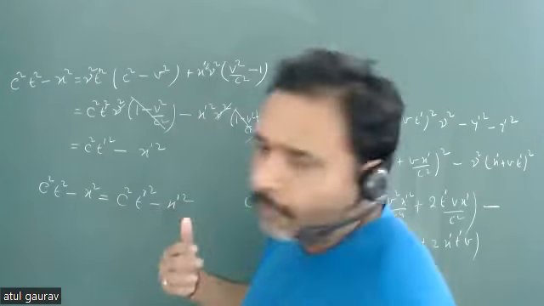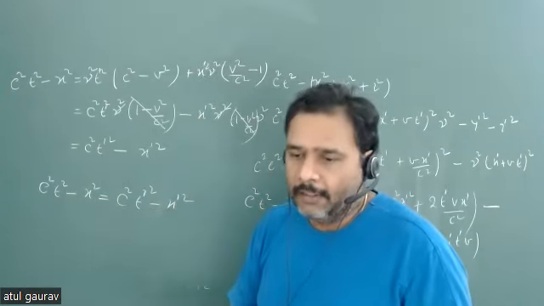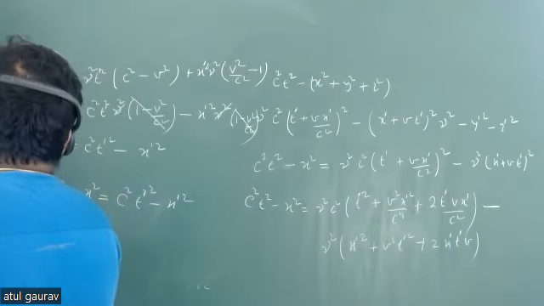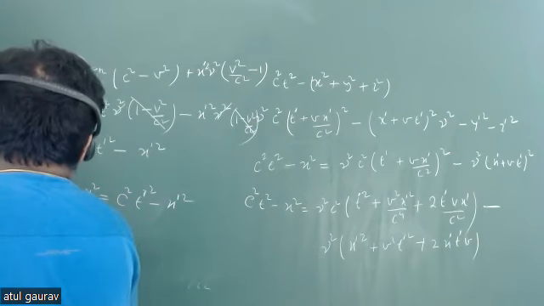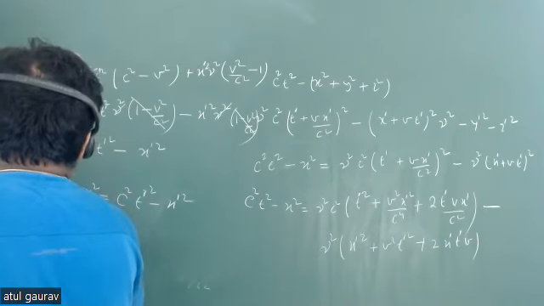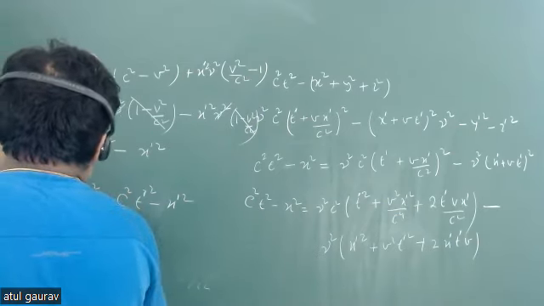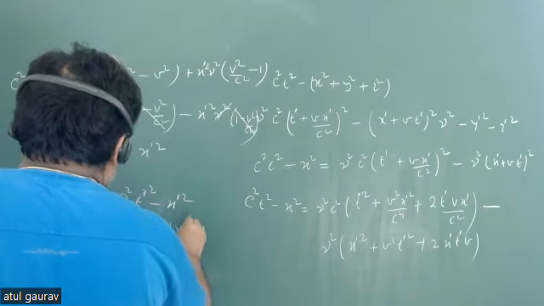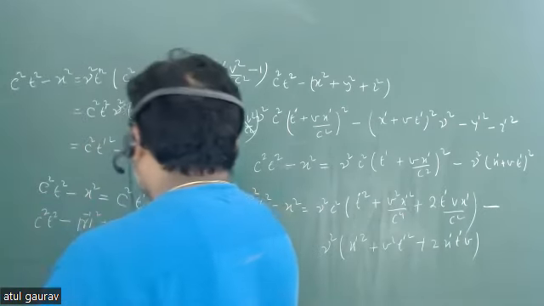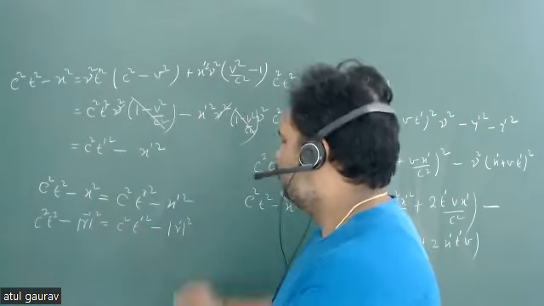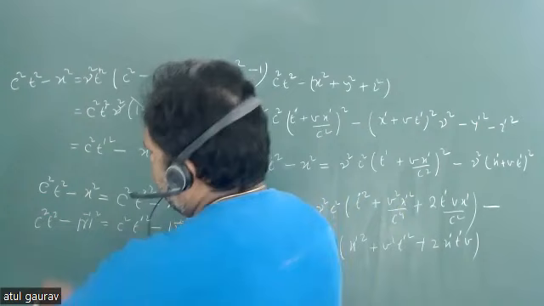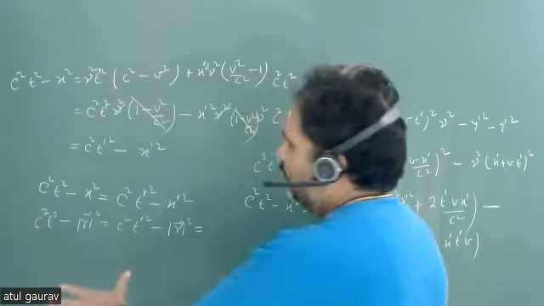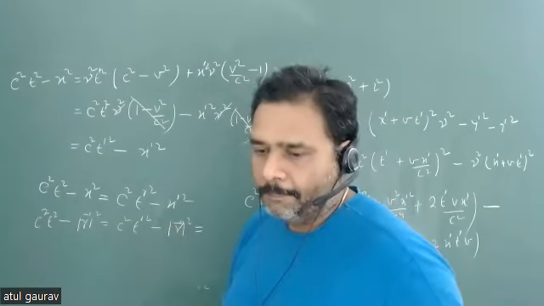And if you go to the next extent, you can also write c square t square minus mod r square is equal to c square t dash square minus mod r dash square, and this mod r dash square is the spatial part, and this is your time part, and this value is invariant from one frame to another frame.